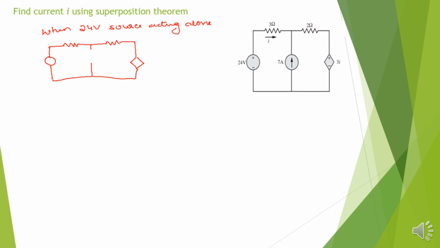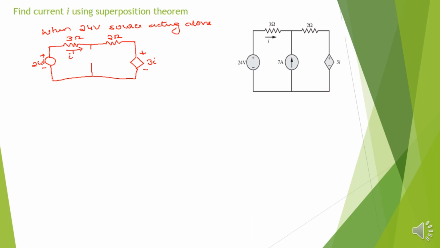So 3 ohms, 2 ohms, plus minus 3I. So this is plus minus 24 volt, and this current I will consider as I dash. So when this is I, this is 3I.